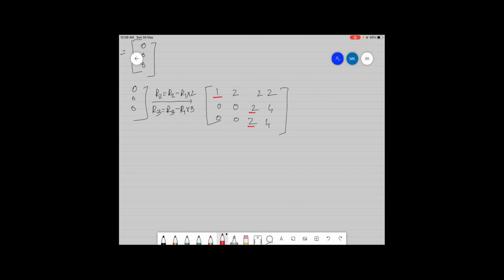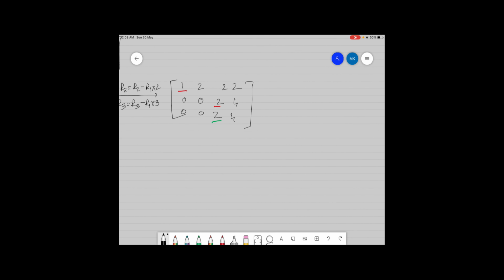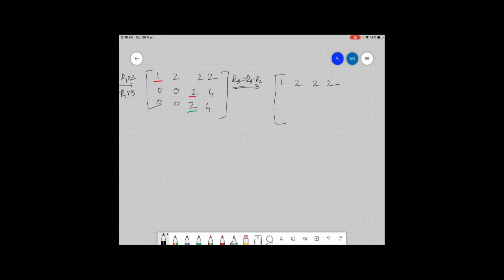So this is another position where we should get 0. You can simply get it by subtracting the second row from the third row. So it should be 1 2 2 2, 0 0 2 4 and 0 0 0 0.